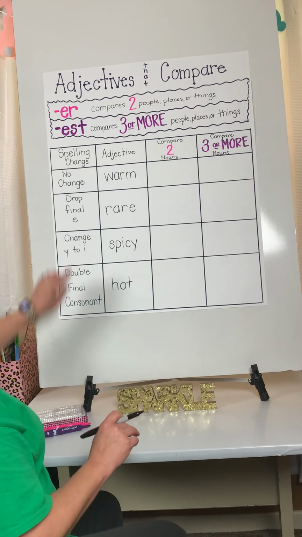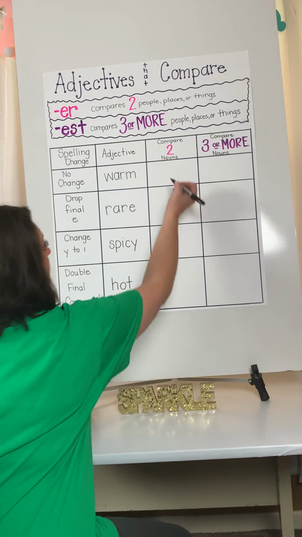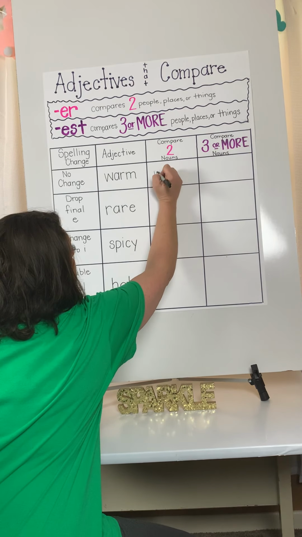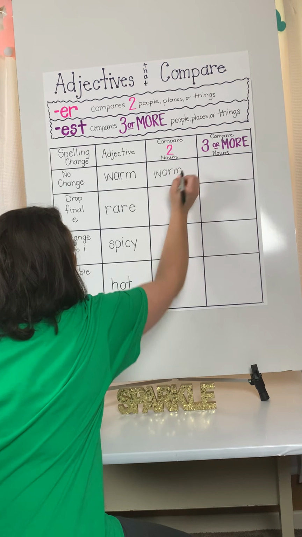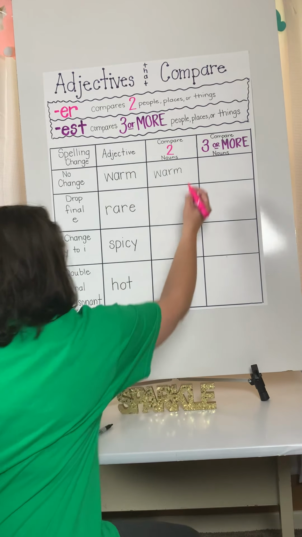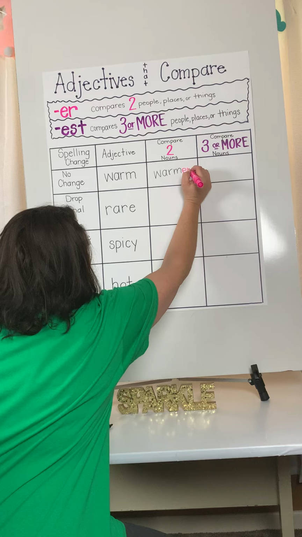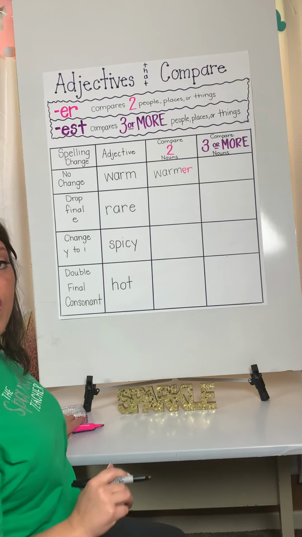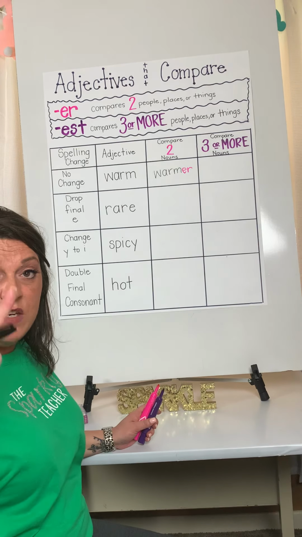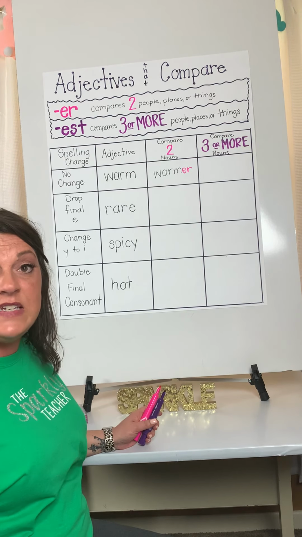There is no change on this word to our original word. So we are going to write our original word, warm, and we will just add an ER. Today is warmer than yesterday. We're comparing two days, yesterday and today.